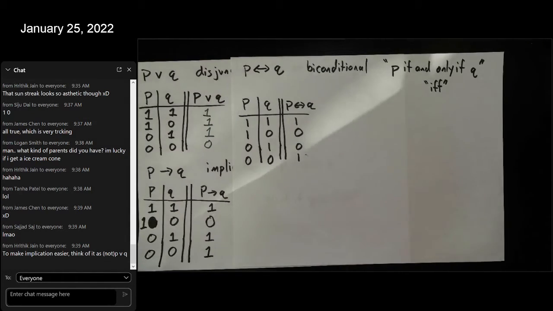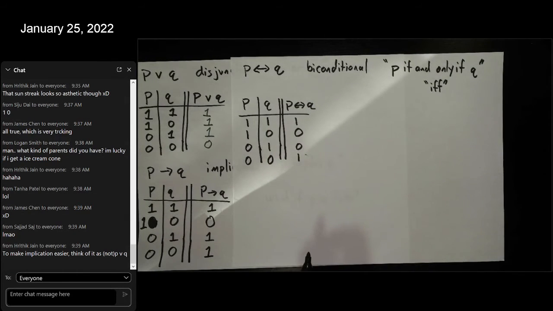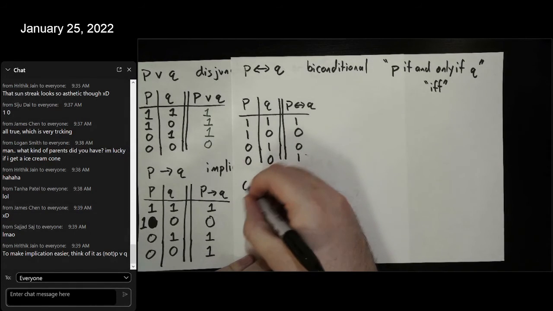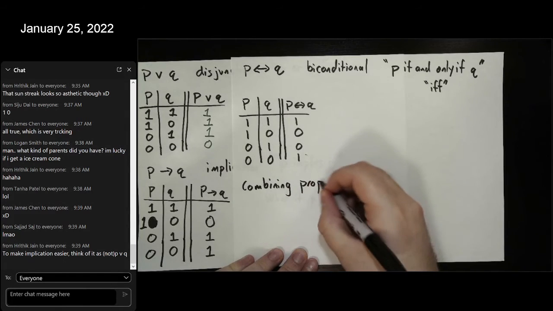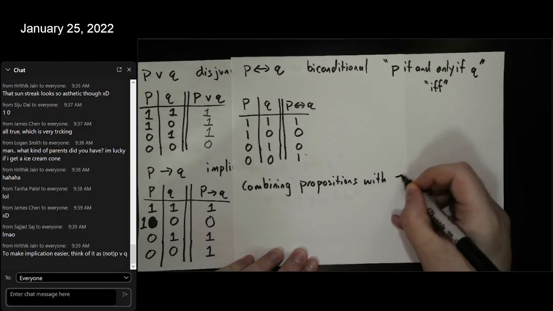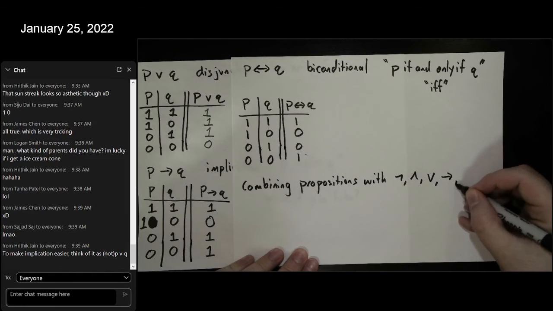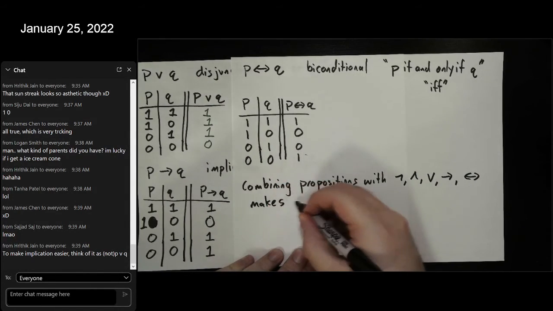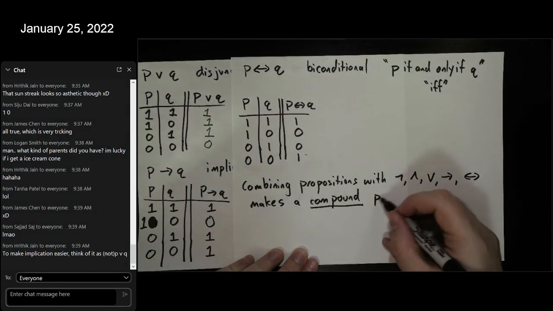Okay. So when we combine propositions like this, we call this a compound proposition. Combining propositions with not, and, or, implies, or if and only if makes a compound proposition.